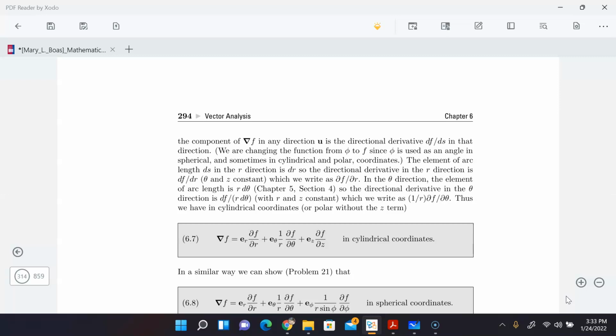Okay, let me see what's next. This is going to be a bit more difficult. So your gradient just now was defined in terms of i, j, k. But we are not limited only to this.